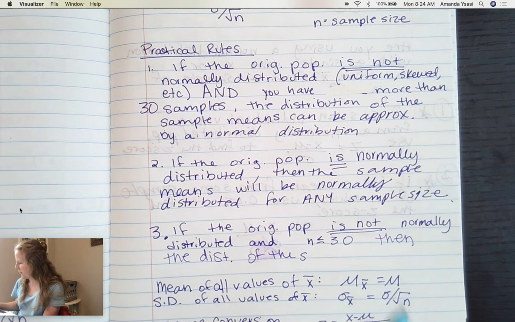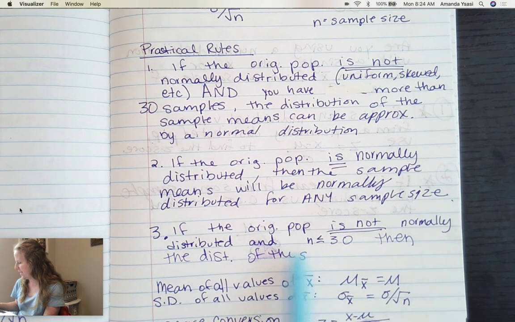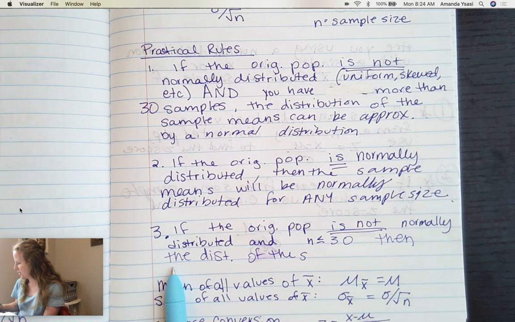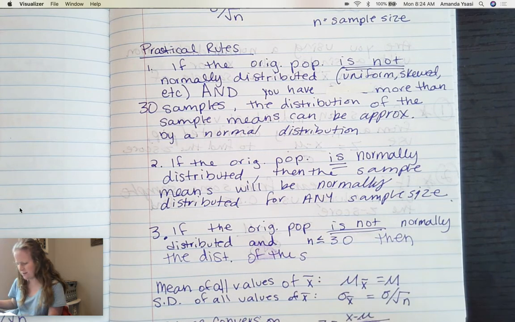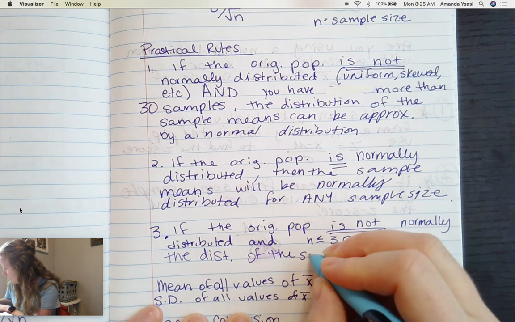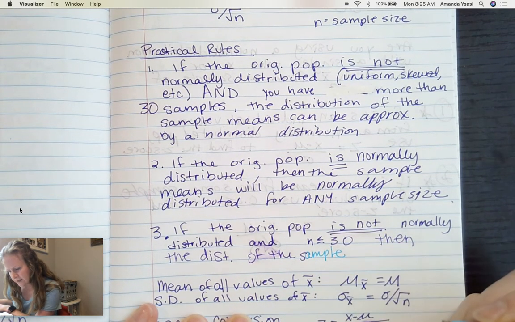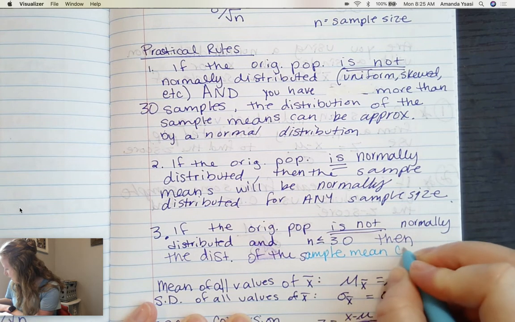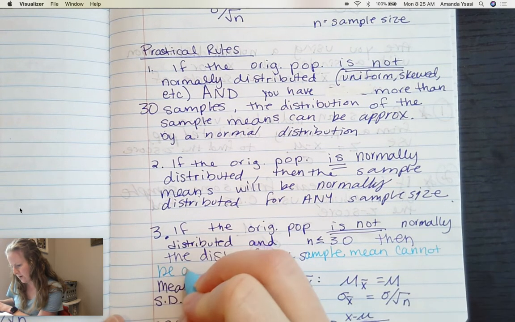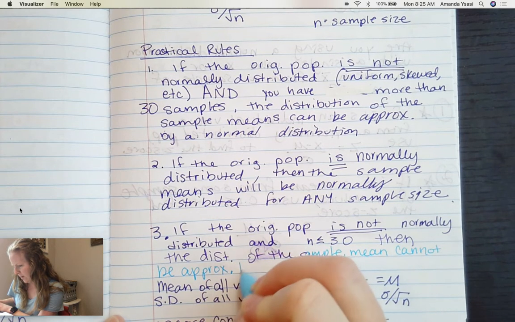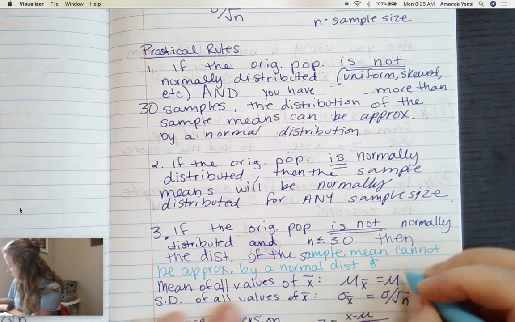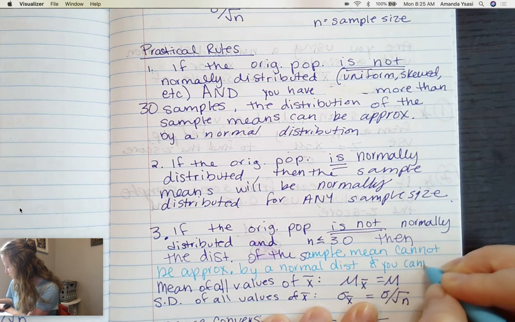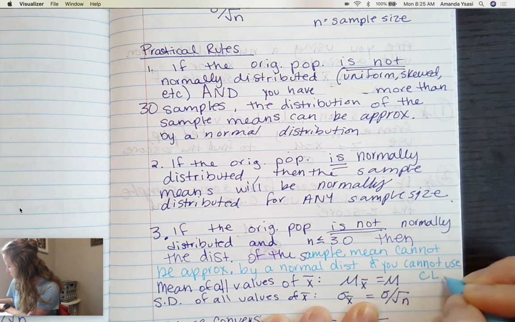Number 3, though: if the original population is not normally distributed and n is less than or equal to 30, then the distribution of the sample mean cannot be approximated by a normal distribution, and you cannot use the central limit theorem.